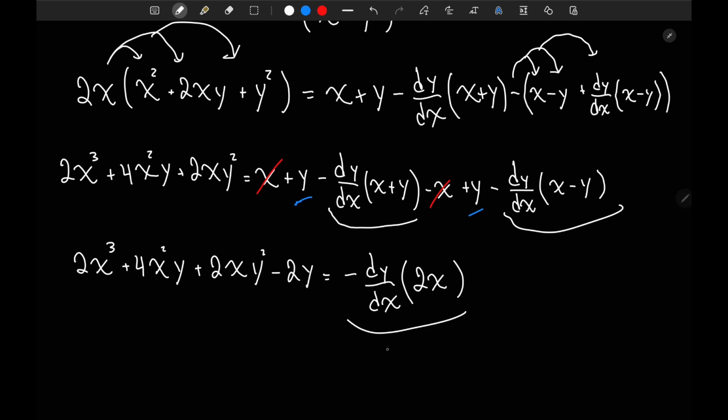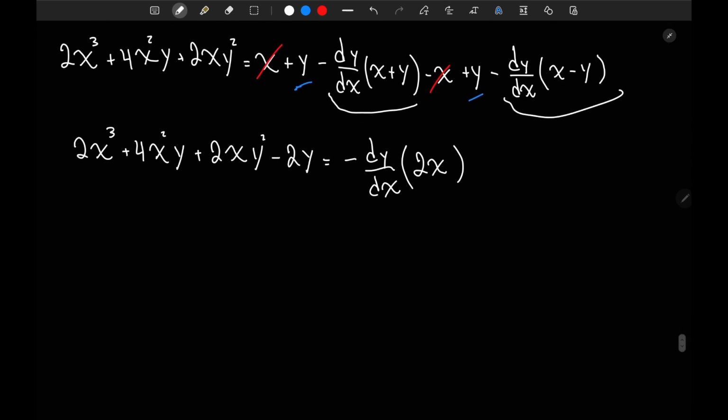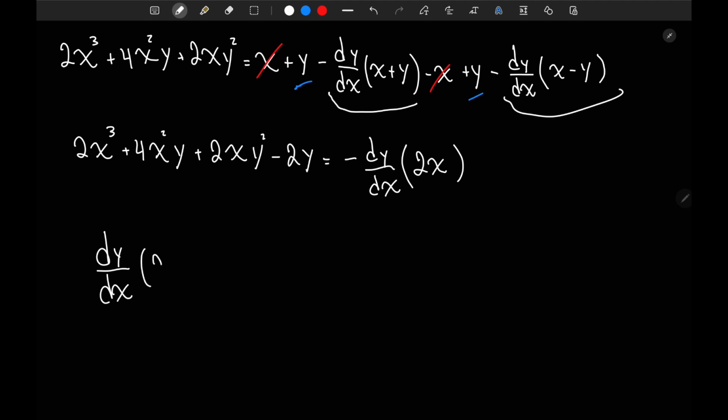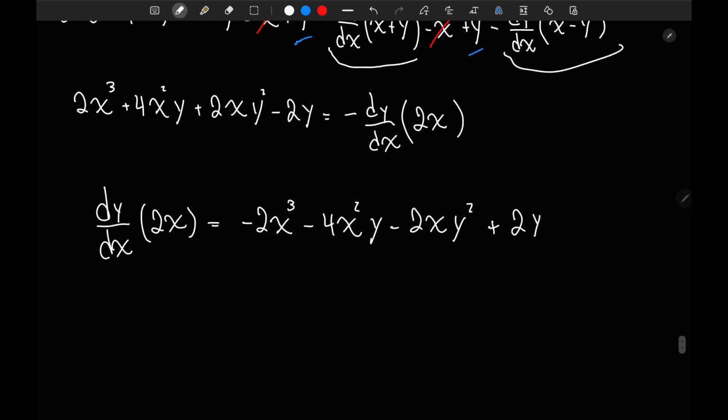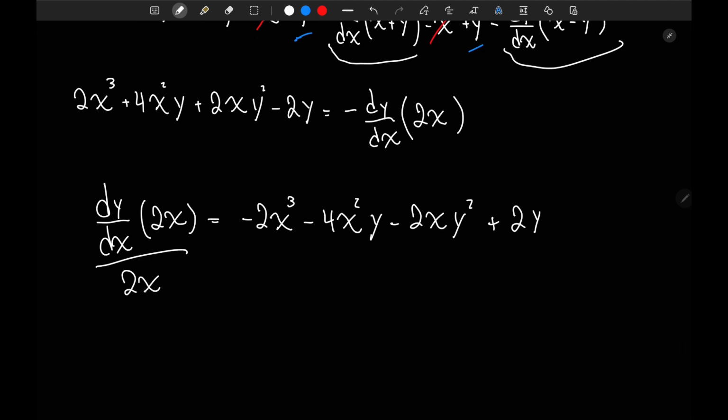And now I'm just going to switch the sides. So I'm going to write dy/dx multiplied by 2x is equal to negative 2x cubed minus 4x squared y minus 2xy squared plus 2y, where now the last step is to divide by 2x on each side, where we can see that all these terms on the right can be divided by 2.